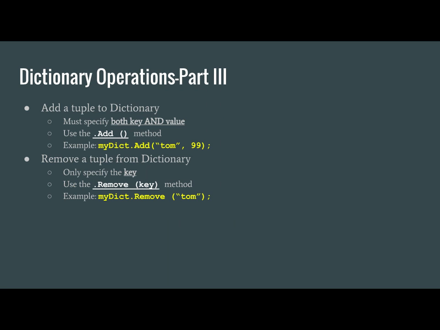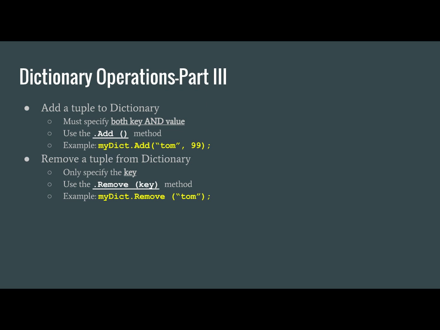Okay, so how do we add items to a dictionary? We always add a tuple, which means we always add a key and a value to it. We also use the .add method.